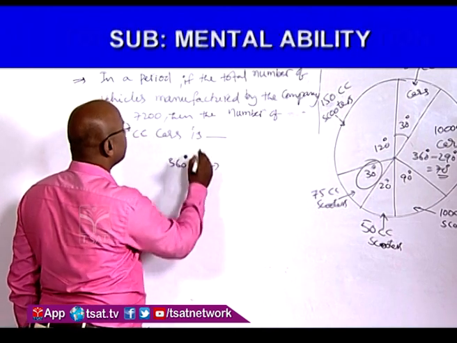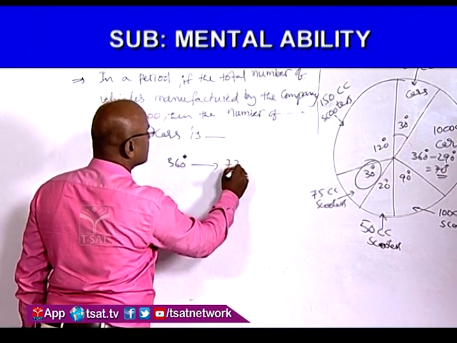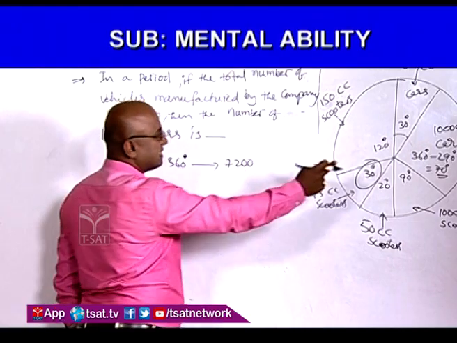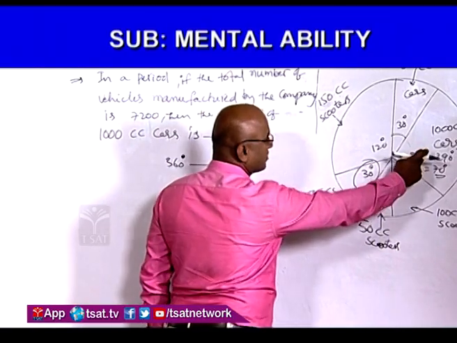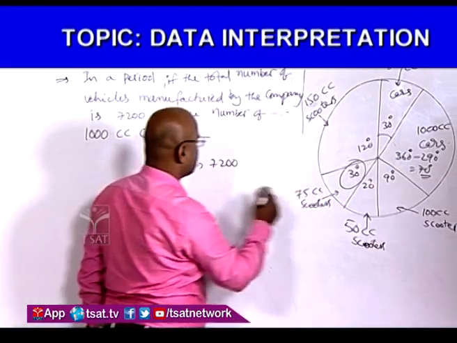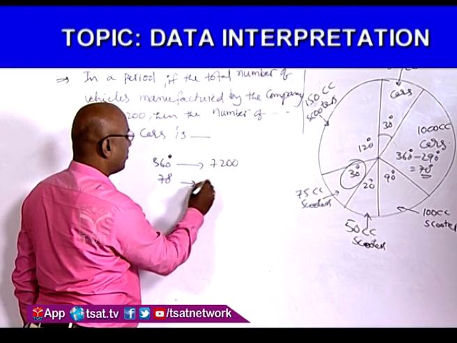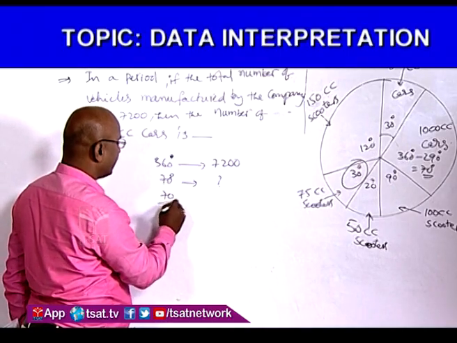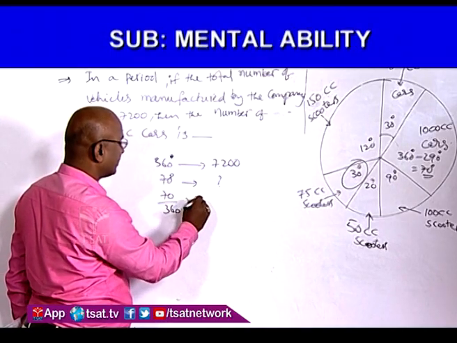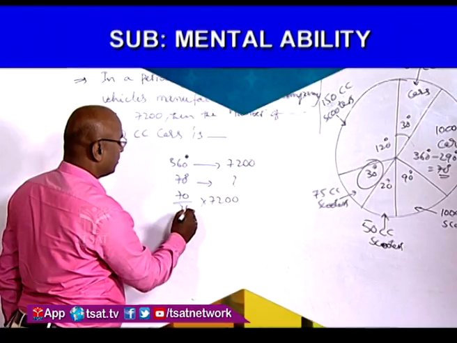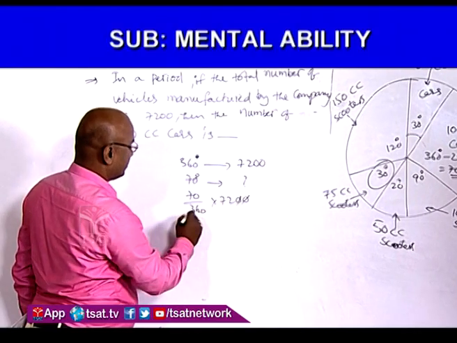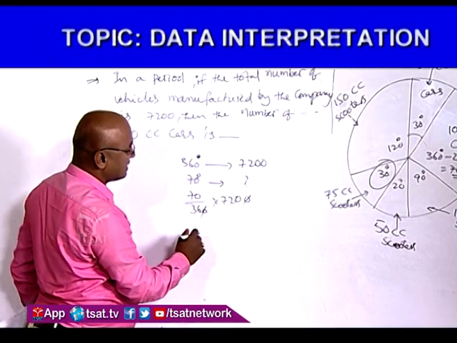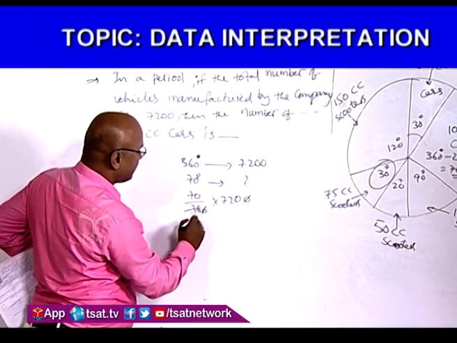If 360 degrees is equal to 7200, then the number of 1000cc cars, what is the value of 1000cc? That is 70 degrees. So then 70 degrees how much? Got it? Right. 70 by 360 into 7200. Now this 0 and this 0 will get cancelled, and 12 3s are 36.